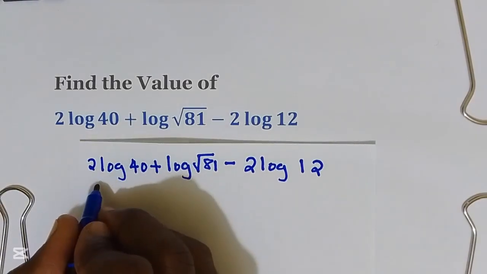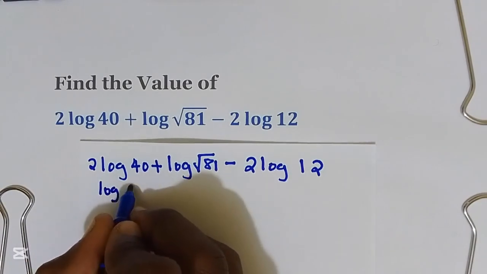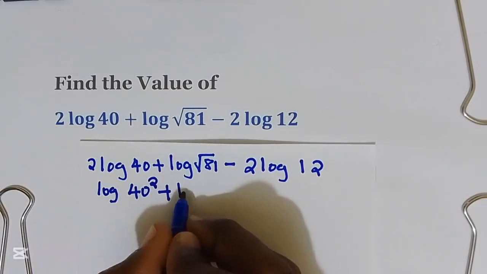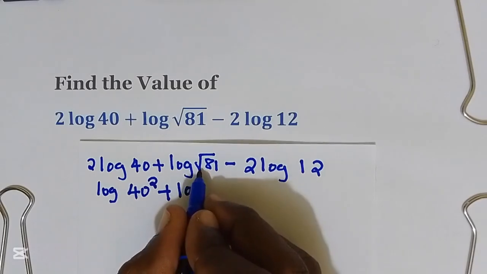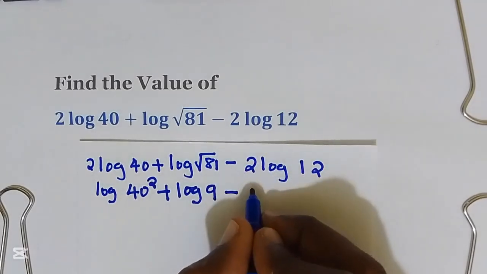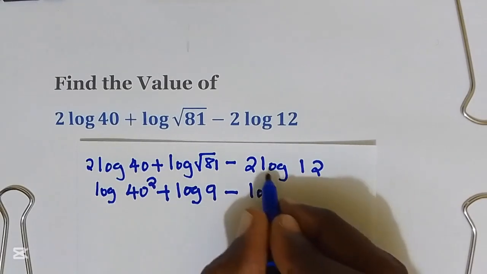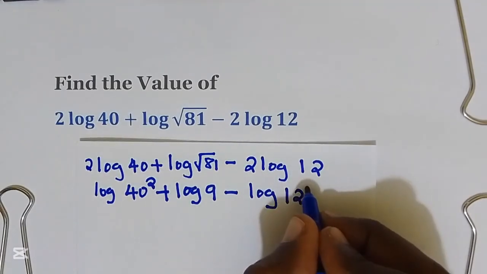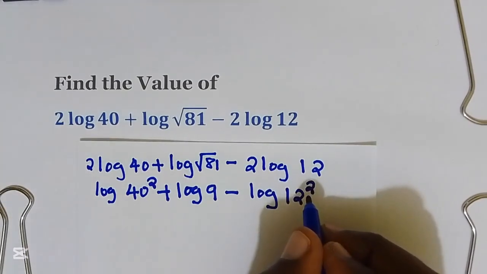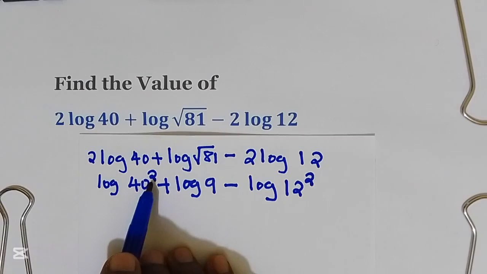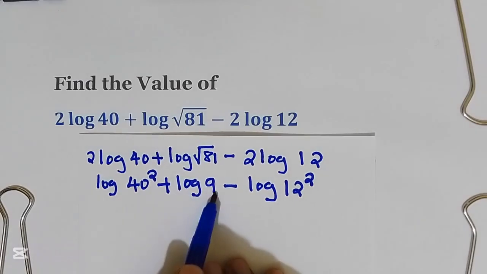That is log 40 square plus log square root of 81, which is 9, minus log 12 power 2. Let us start to work with log 40 power 2 plus log 9.